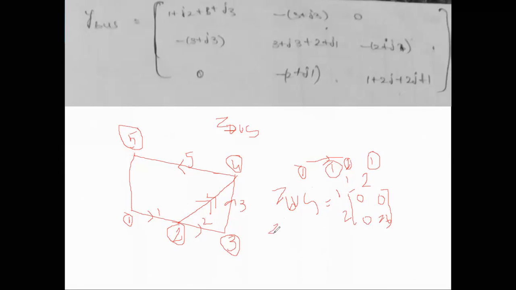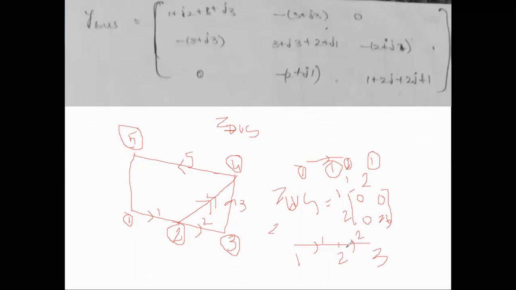What is step 2? Next we form the Z bus matrix. The element 2 is added. This is the first node, this is the second node, and this is the third node. This is element 1 and this is element 2.